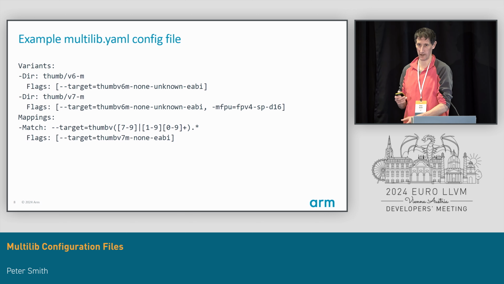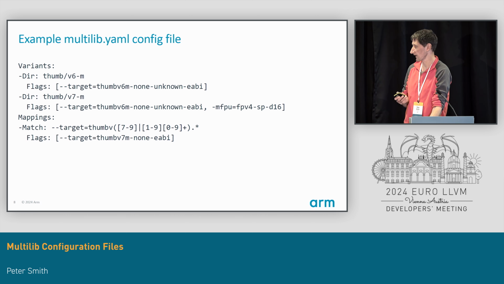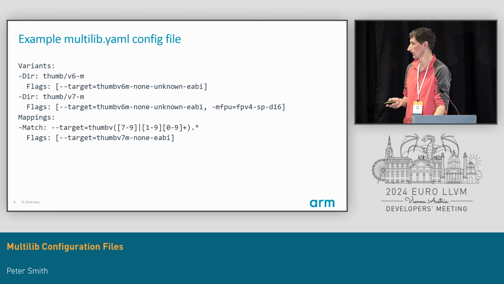Anyone who's tried to use -march and -mcpu and how they all interact knows it can get quite complicated. The last bit at the bottom is a mapping, and it's essentially a regular expression that says if you've got, say, thumb v8, then just treat it as thumb v7. So that's basically trying to account for future things and to stop you having to have huge amounts of entries for just one thing.